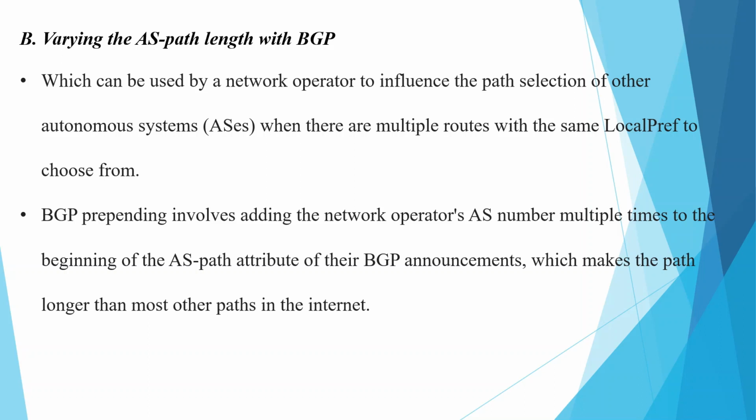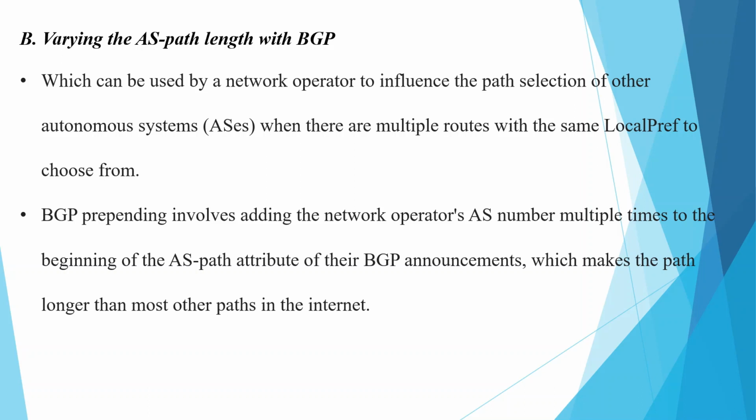It lengthens the path relative to most other paths in the internet by repeatedly appending the network operator's AS number to the start of the AS path attribute of their BGP announcement.